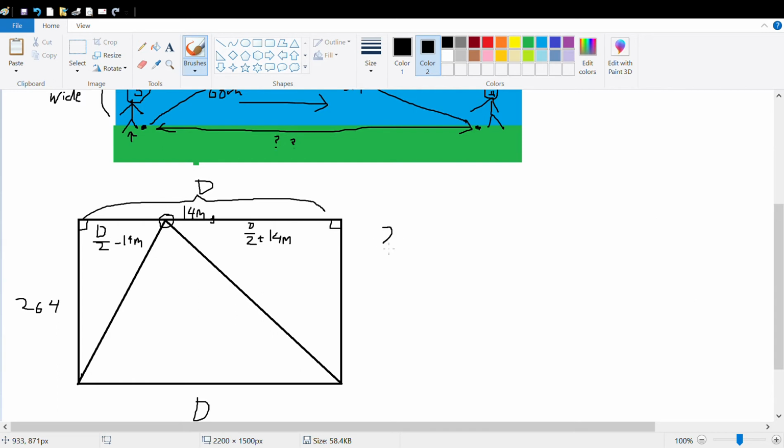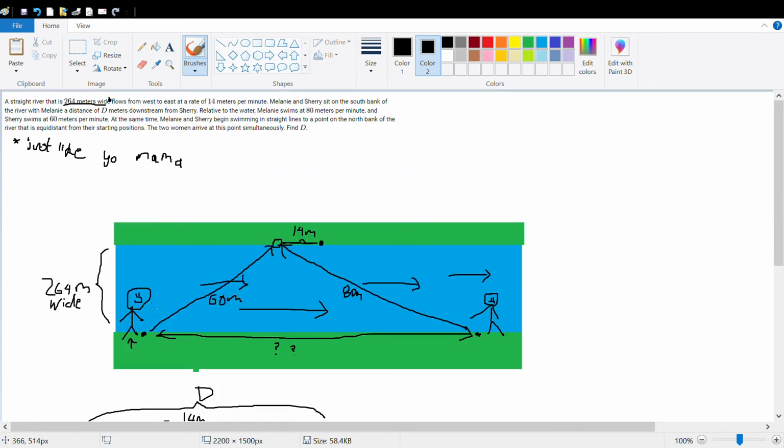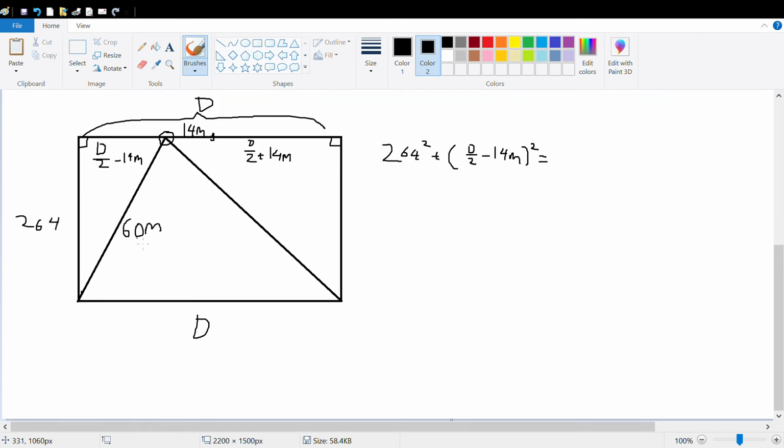Our first equation is 264 squared plus d over 2 minus 14m, squared, is equal to, oh sorry, I forgot to add this. We know this is 60m, since we're told that the one person swims at 60 meters per minute.